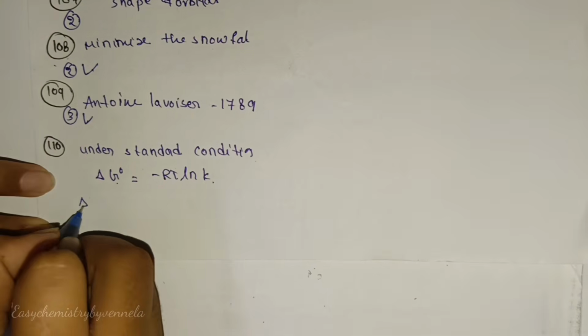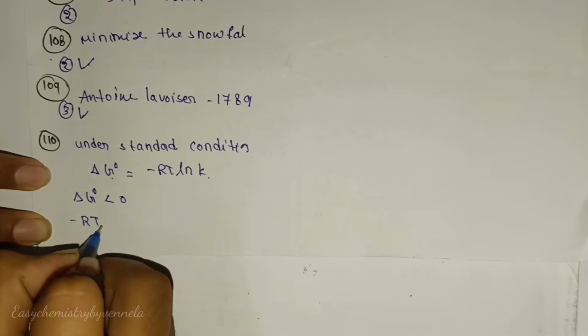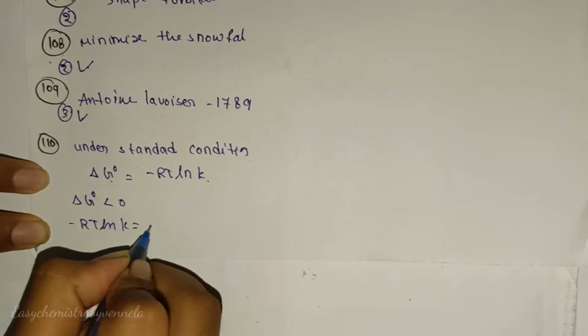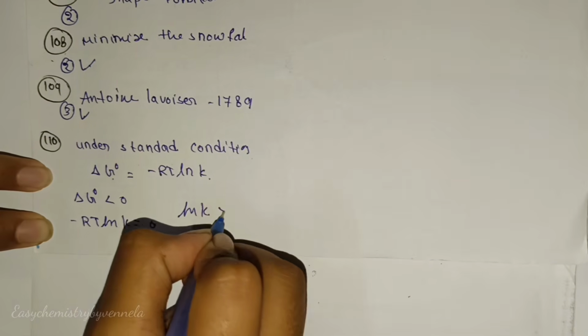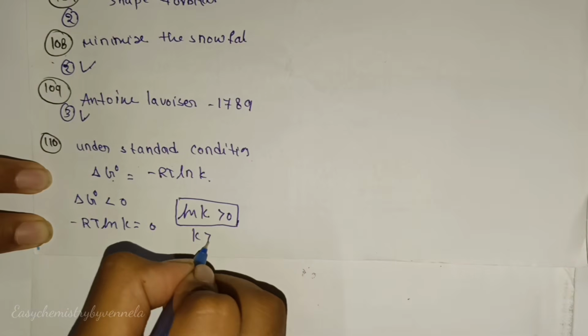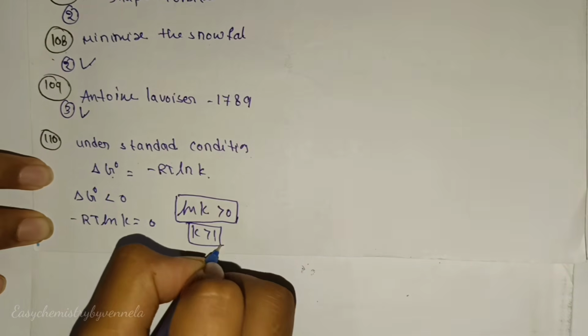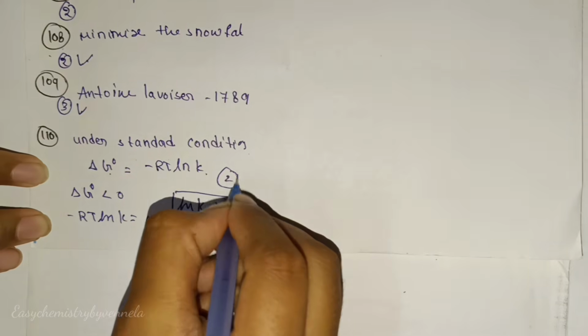What is given? Delta G naught is less than 0. So minus RT ln K is also less than 0, so ln K is greater than 0. That is K is greater than 1. So the correct option is the second one, greater than unity.